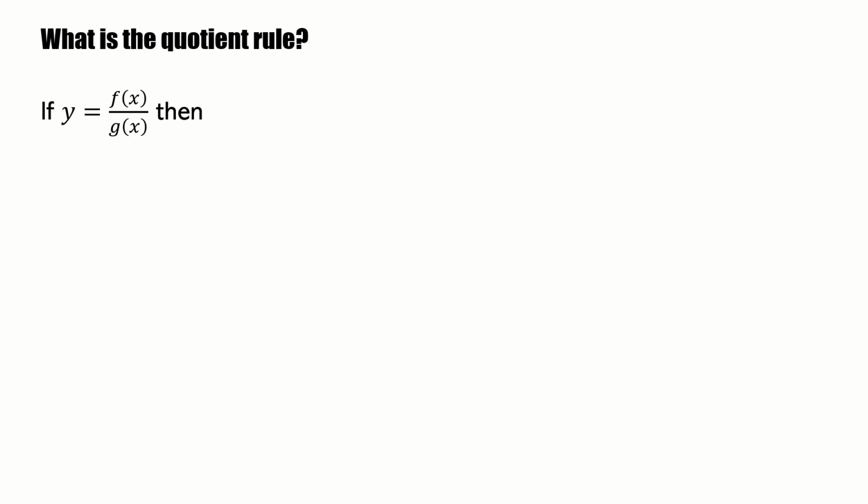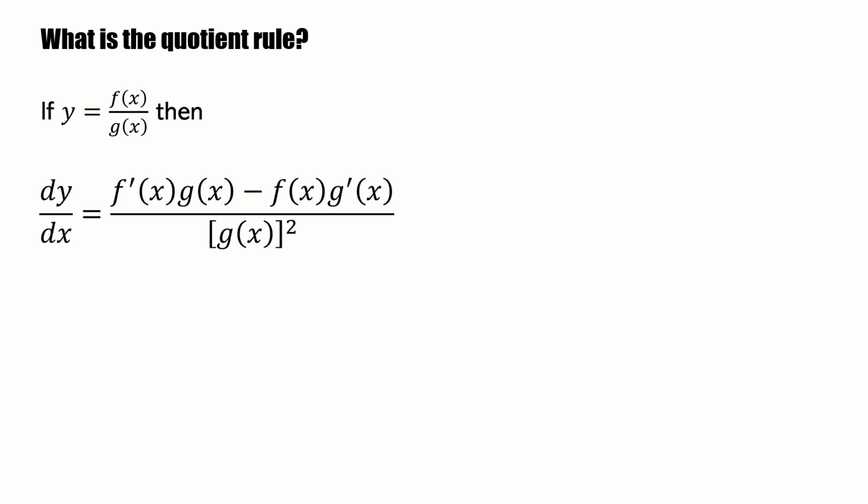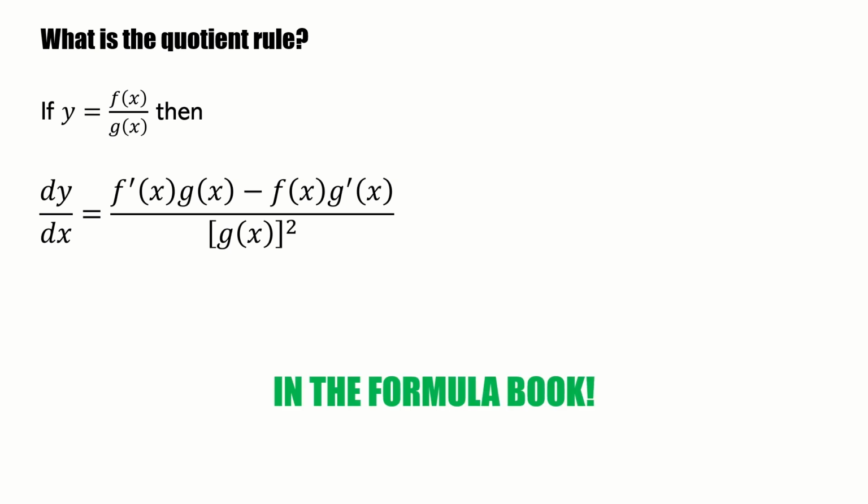And if that's the sort of scenario you've got, if we call the numerator f of x, we call the denominator g of x, then therefore dy dx is decided by this following formula. Now, good news, this formula is in the form booklet if you're studying Maths A-level.